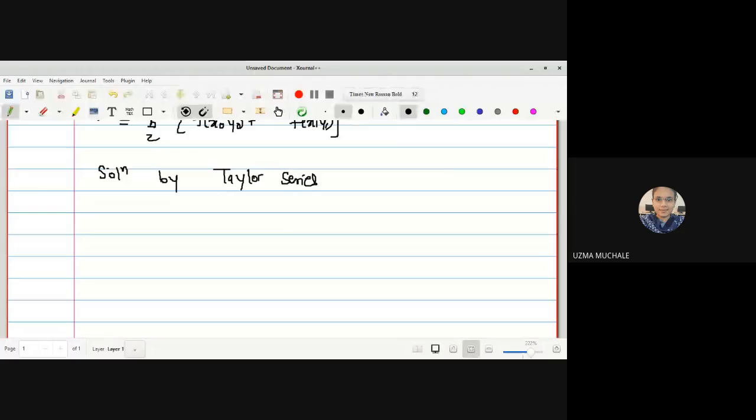That is the solution by Taylor series. In that also we are provided with one differential equation, y dash is equal to f of x, y. What is y dash? It is nothing but your dy by dx.